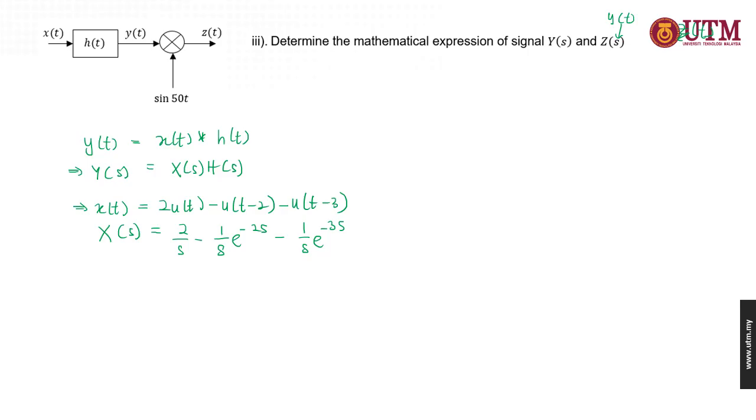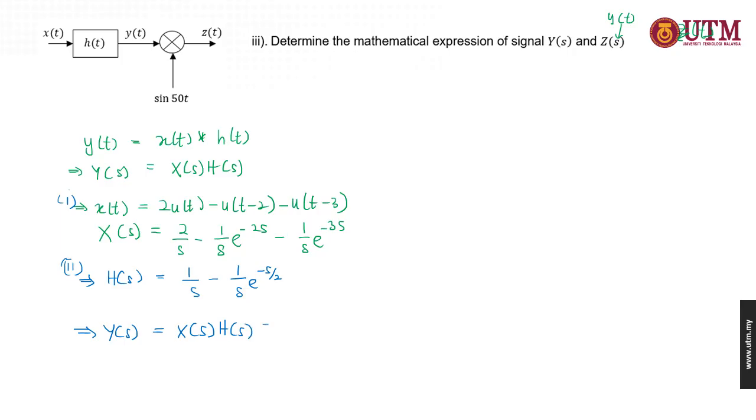H(s) you have derived from question 2, so H(s) equals 1 over s minus 1 over s e to the minus s over 2. Therefore Y(s) equals X(s) multiplied with H(s).